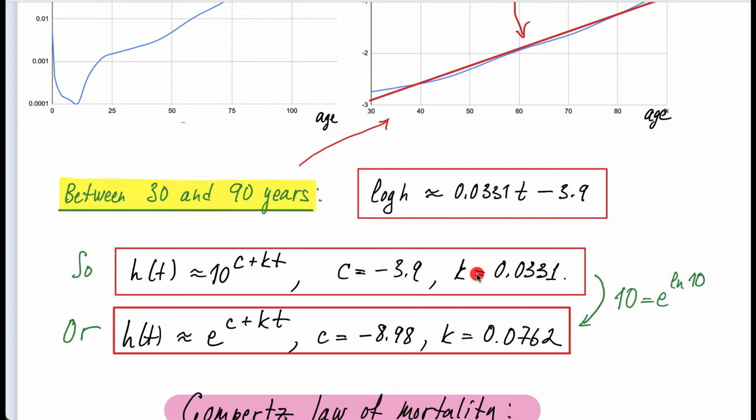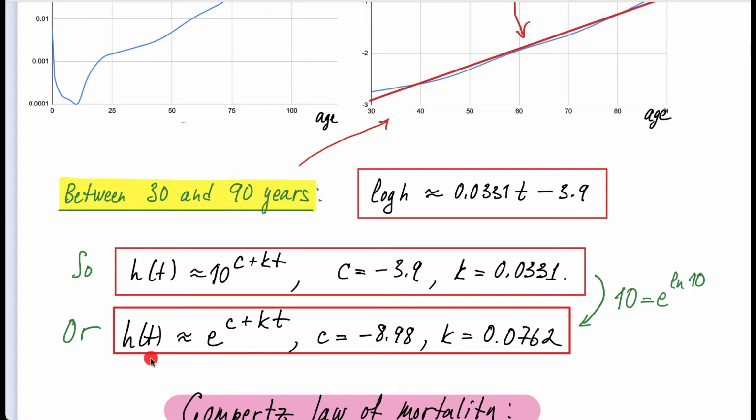And it will be convenient to rewrite this exponential in base e instead of base 10. And of course you can do this just by writing 10 as e to the power natural logarithm of 10. So what you have to do is take these constants here, and if you multiply them by natural logarithm of 10, you will get minus 8.98 and 0.0762 for the exponential model here with the base e.